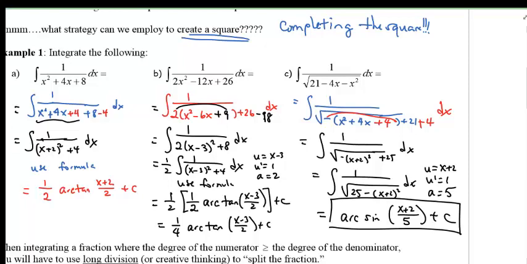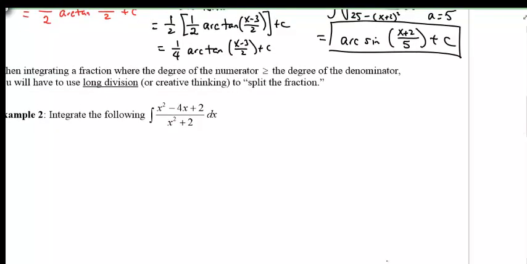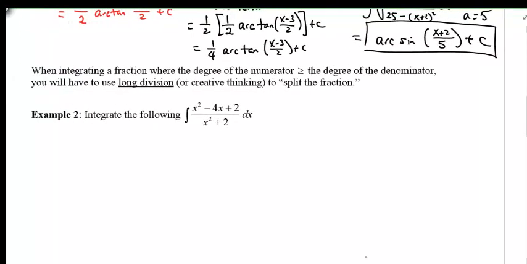All right. More stuff. Integrating a fraction where the degree of the numerator is greater or equal to the denominator. I did this as an example before using long division, but I'll do it one more time. Just take the x squared plus 2, divide it into the numerator. Quotient goes in once.